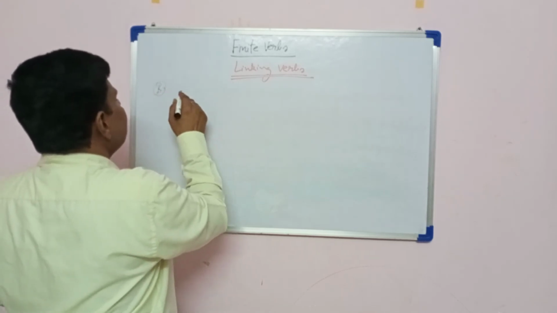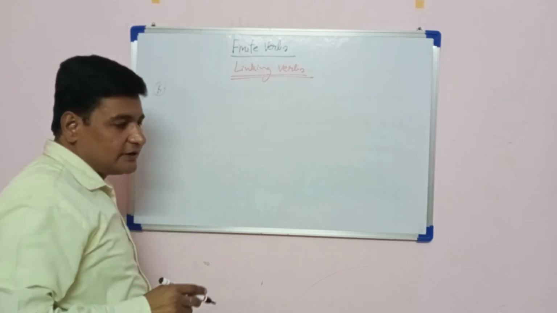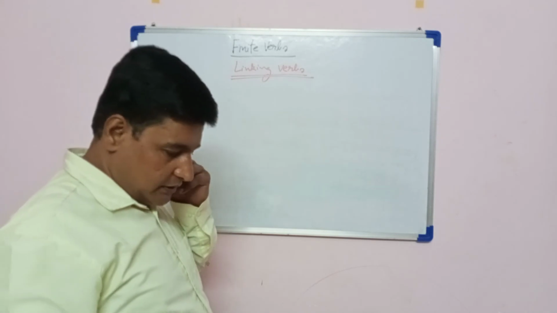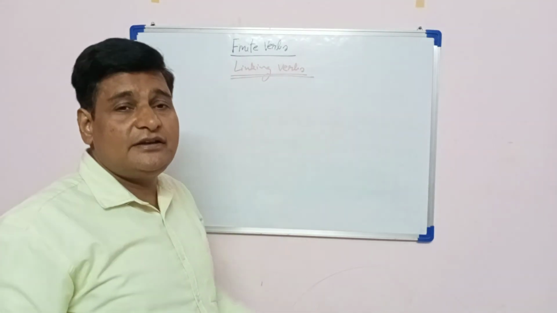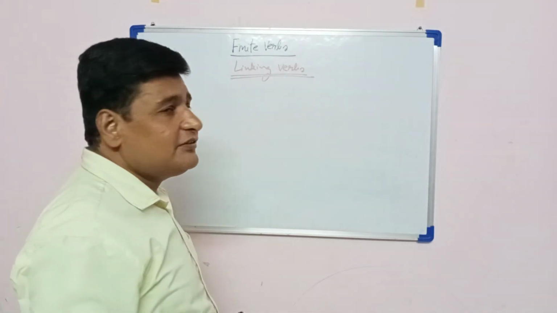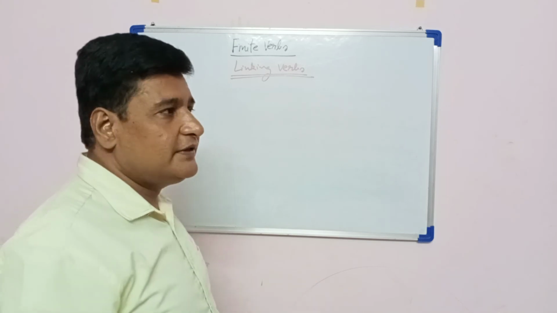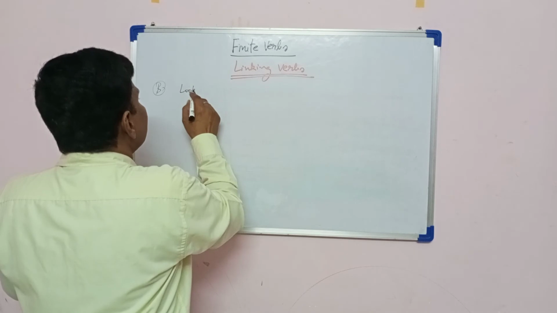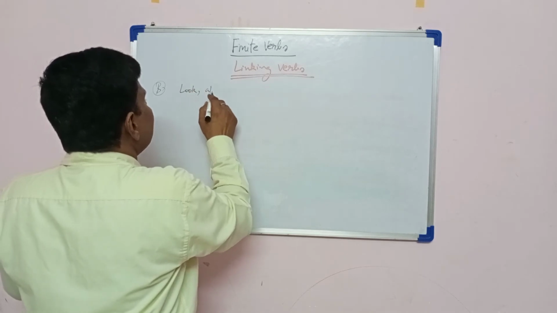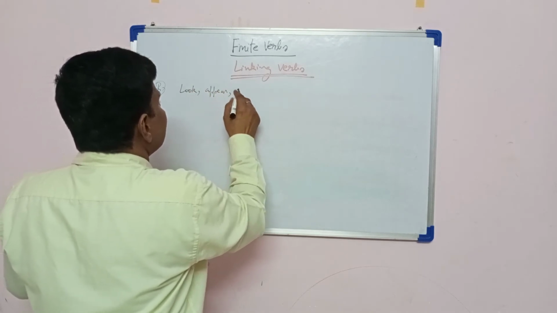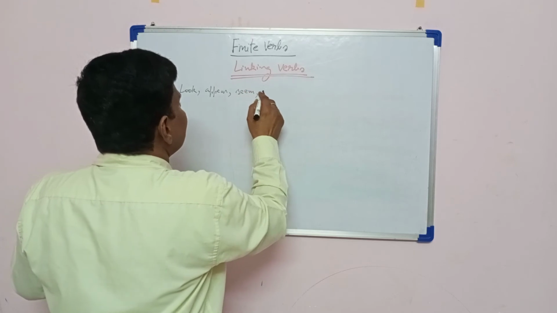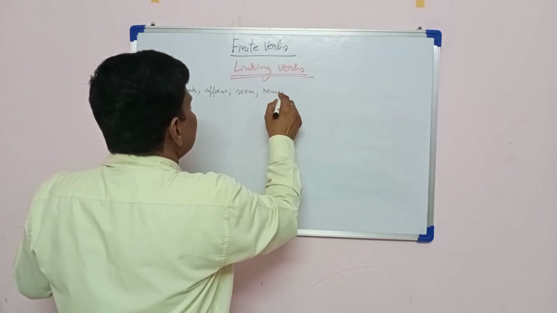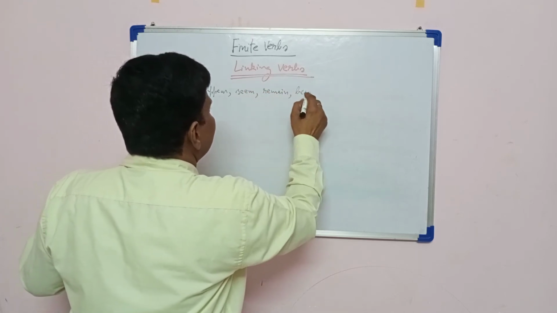Another type: these are the verbs which will take a noun phrase, adjective as well as participle as their complement after them, like look, appear, seem, remain, become.